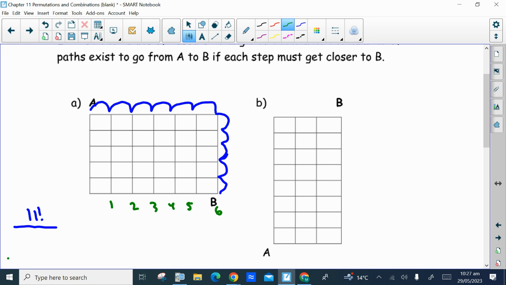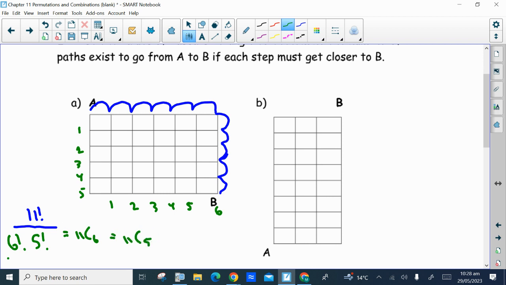And so when we're talking about repetition, there are 6 blocks that go in the same direction from north to south. So we would divide by 6 factorial. And there's also 1, 2, 3, 4, 5 blocks that go in the same direction, meaning from west to east. Again, skipping the first one. So that would be 5 factorial, which incidentally is 11c6 or 11c5.